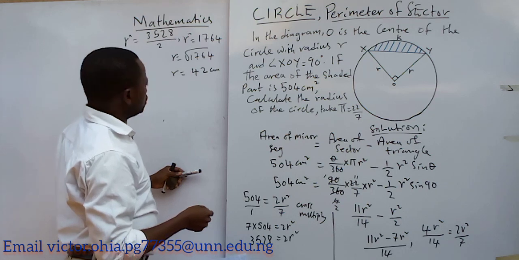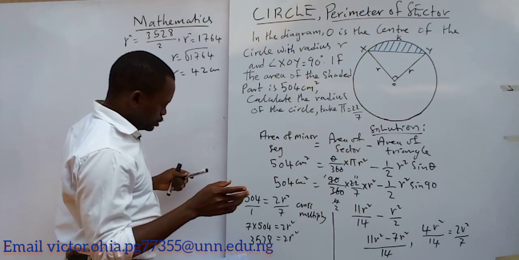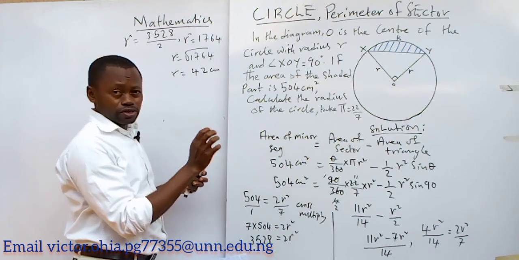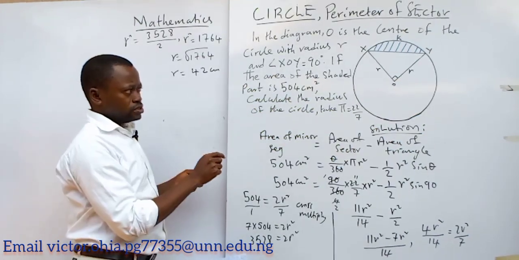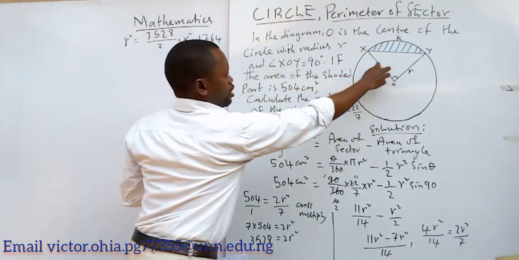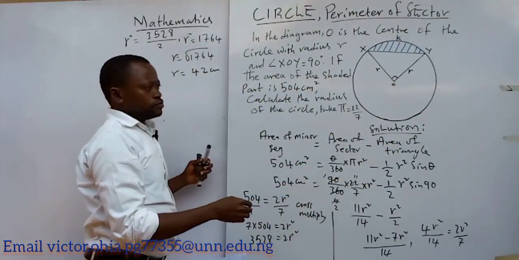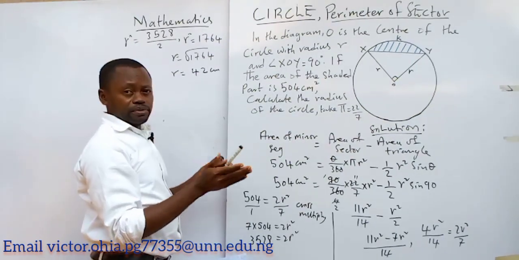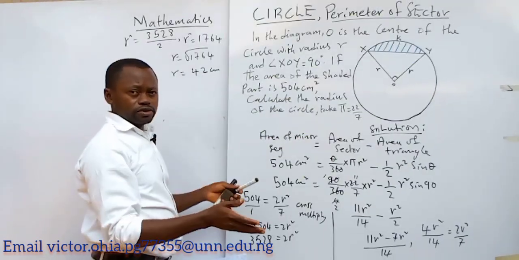to calculate. But like I said, I'm going to make an additional question inside this question, which is: calculate the perimeter of that sector. I'm trusting God you know what perimeter is. Distance around an object.